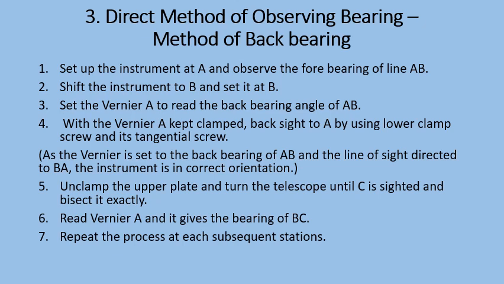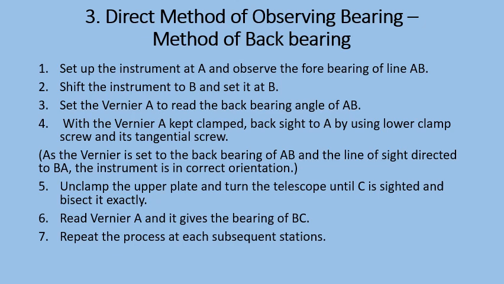Then we shift the instrument to the next station point B and set it there. We know that some angle, say theta, was the forebearing of line AB. If theta is the bearing of line AB, then what about the back bearing of line AB? That will have a difference of 180 degrees.